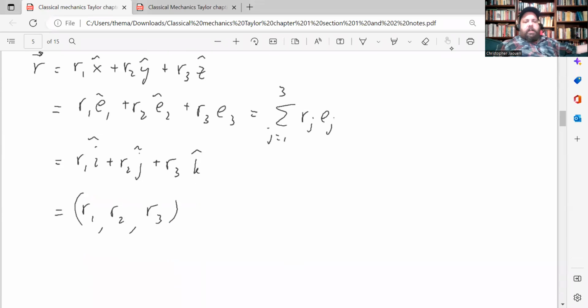You can even write it as a three-tuple, r1, r2, r3, as long as it's understood which basis you're using. I haven't talked about bases yet in any of the things that I've done so far, but the coordinate vectors that you're using, this three-tuple, depends on the coordinate system.